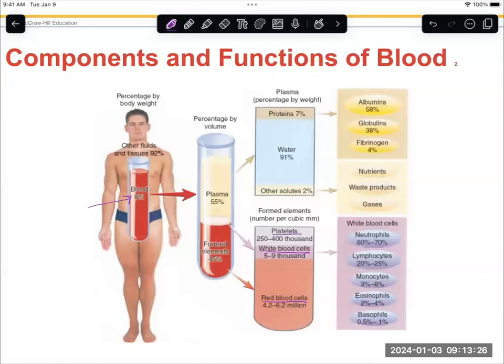Your blood makes up about 8% of your total body weight. Again, our skin is going to make up a big portion of that, our bones, our muscles, and then as we go through the rest of these chapters, we're going to talk about the different organ systems. That's all what's left that makes up our body.